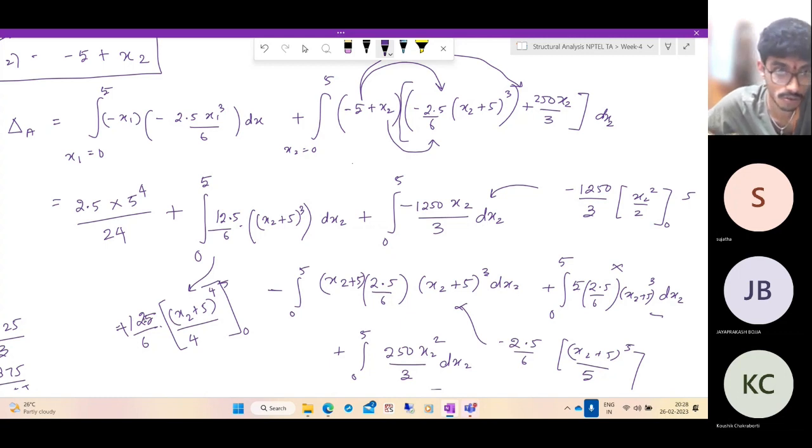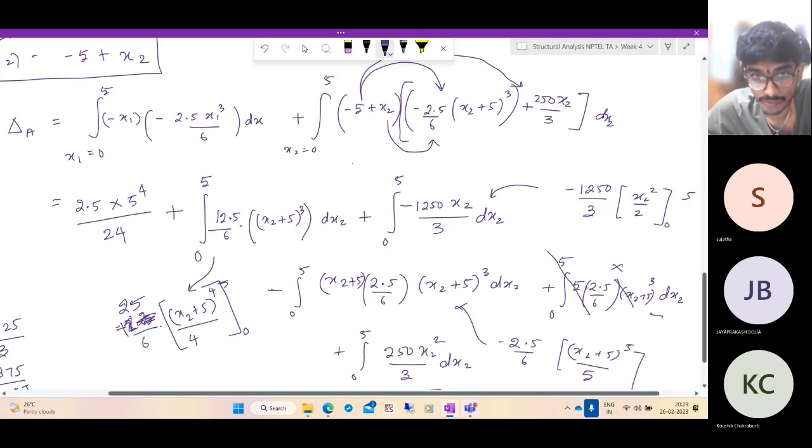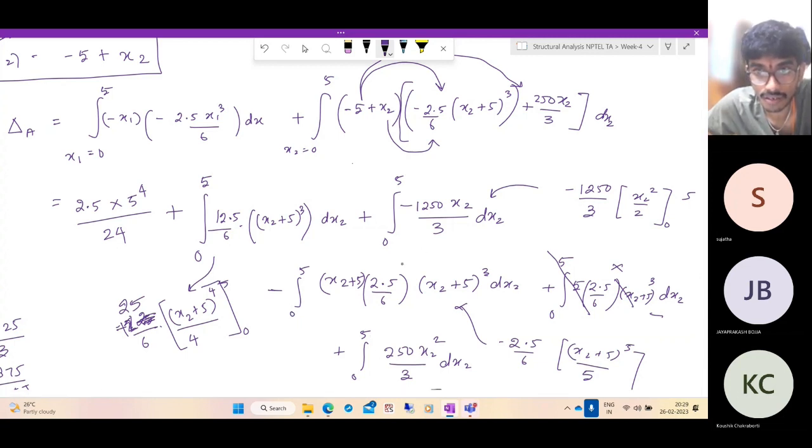So this becomes into 2. So it is 25. It is fine. So this term we are dropping. And finally, we have x2 square by 3. So that is also okay.